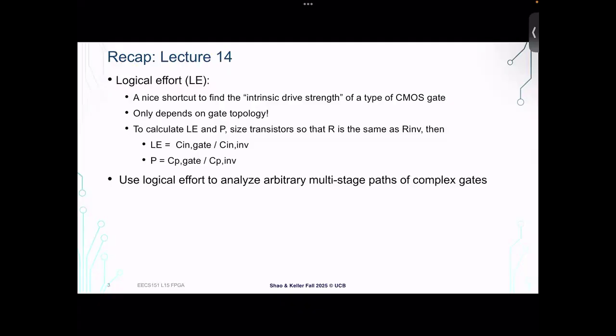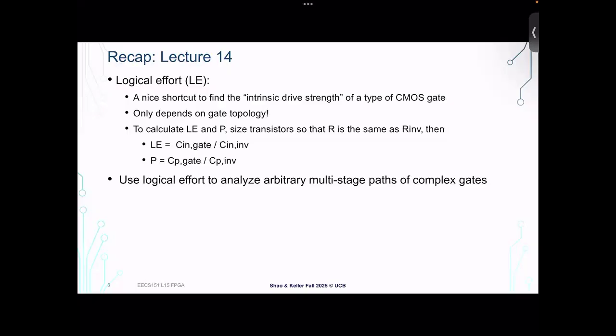There's an intrinsic factor in which they're worse than driving the next stage compared to an inverter. And it only depends on the topology itself. And so for any gate type, like a NAND or a NOR or an XOR, we can do the logical effort calculation and then use that for every NAND or NOR or XOR going forward.